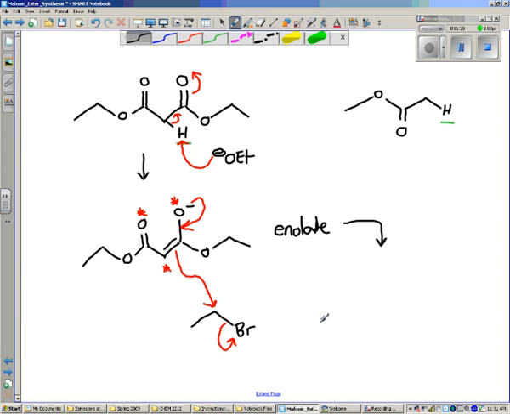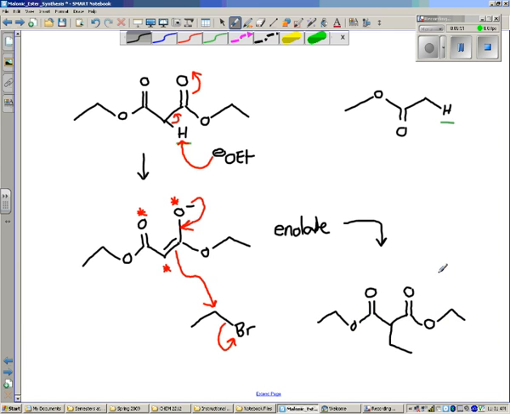But what we end up with is we have our oxygen, we have our carbonyl, and we've reformed our carbonyl. So essentially it looks like we have our ester back, but this is now our alkylated ester.